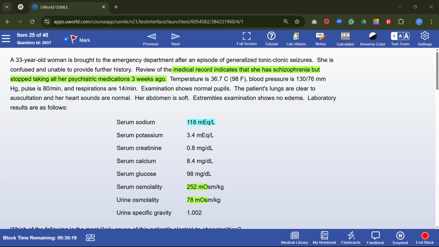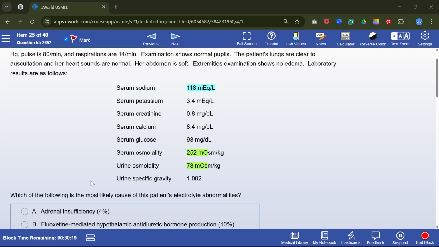So serum sodium is low, serum osmolarity is low, hypotonic, and urine osmolarity is less than 100. Which of the following is the most likely electrolyte abnormality in this patient?